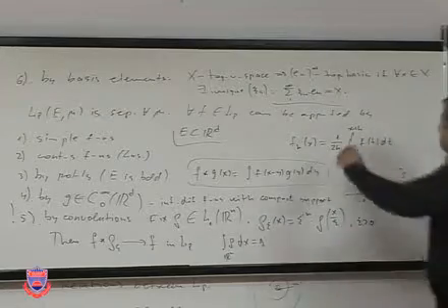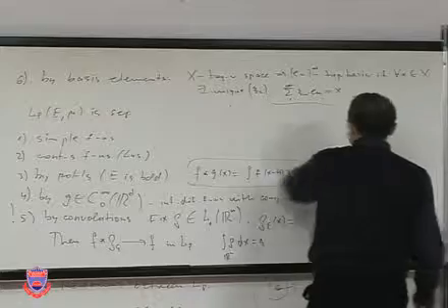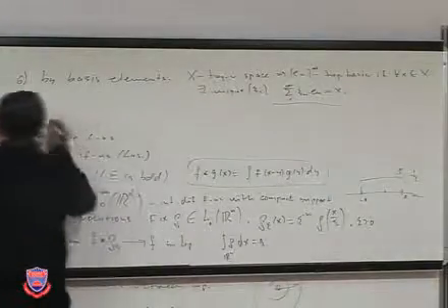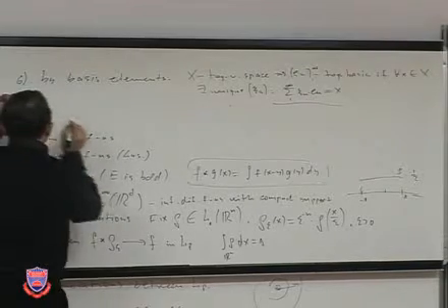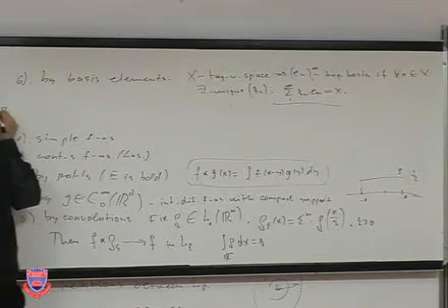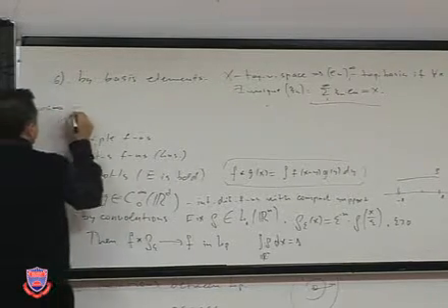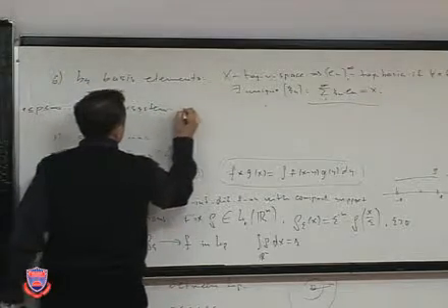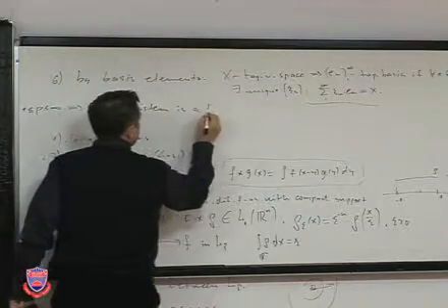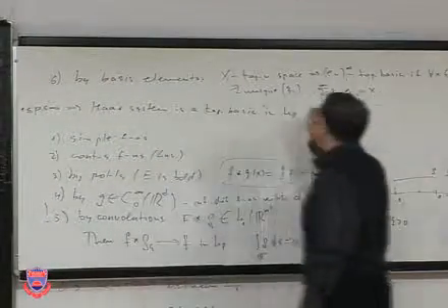And it's possible to show that, among the many bases in the spaces L^p, if p is larger than or equal to 1 and strictly finite, then the Haar system is a topological basis in L^p.